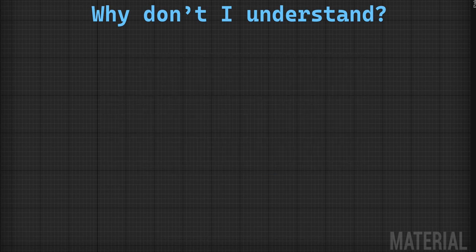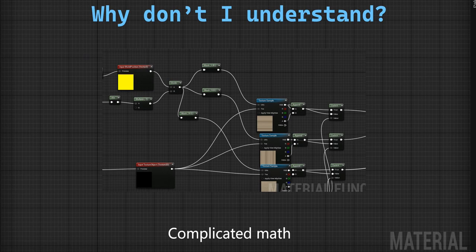And the third main reason for not understanding, I think, is the complicated math. I think that's another downside of using a node-based system: it'll make math even more complicated. And the solution that I always use is I restore the math to the way it should be.